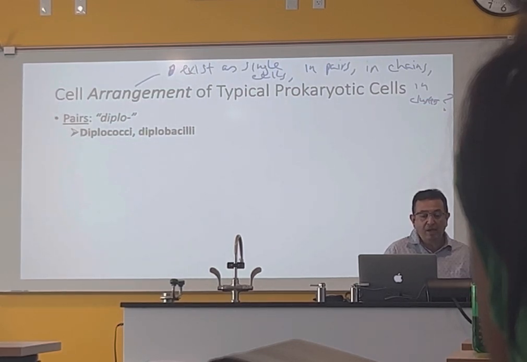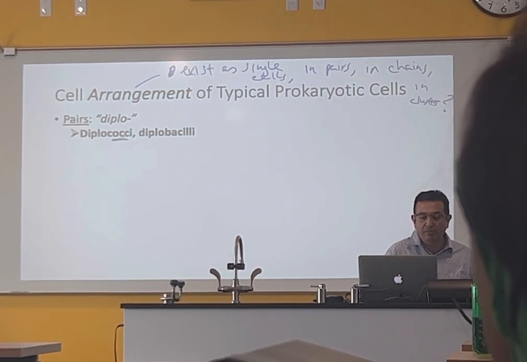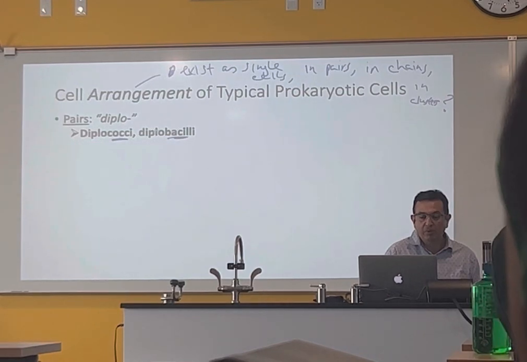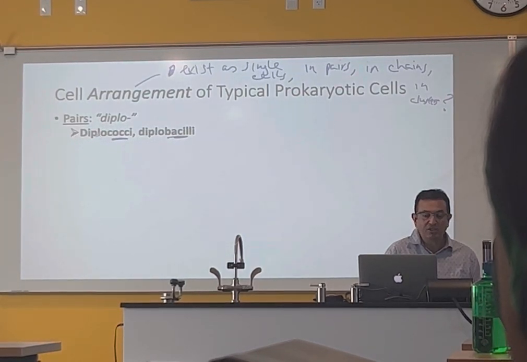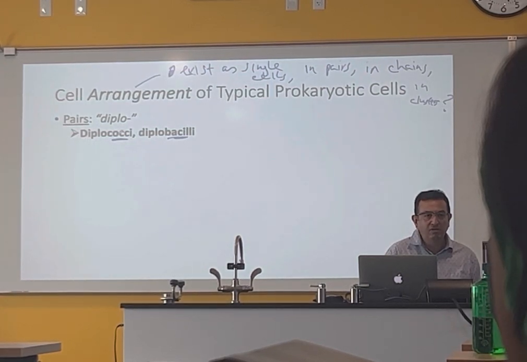They can exist in pairs, so if you see them in pairs, you use the prefix diplo, right? Di means two, and you put it together with the shape. So if we describe something as a diplococcus, how would that look? Would you be able to draw that out?